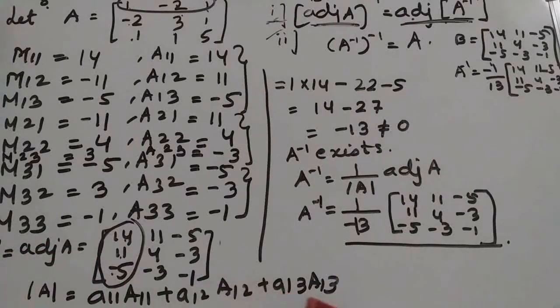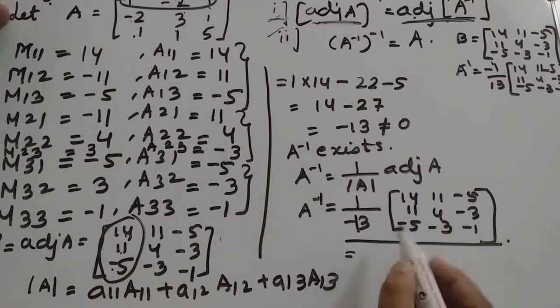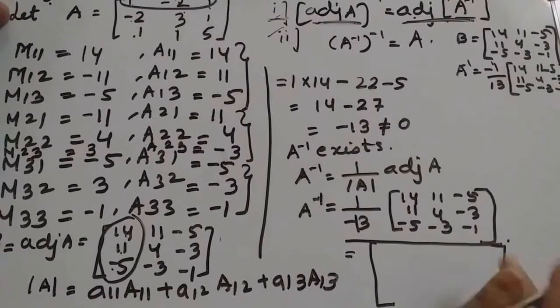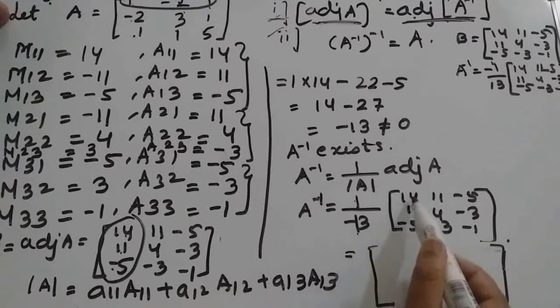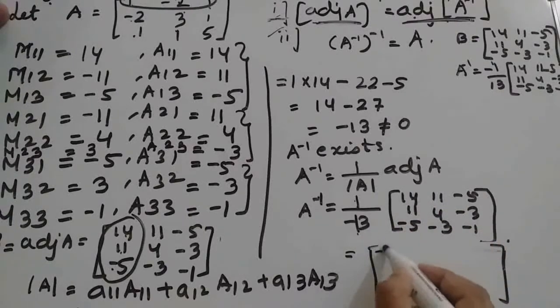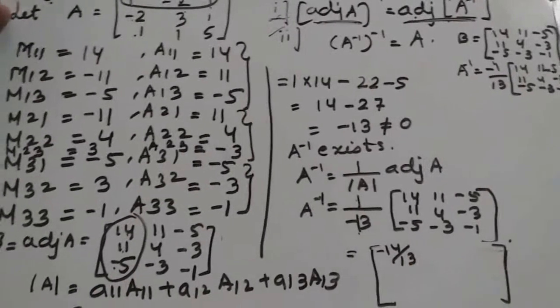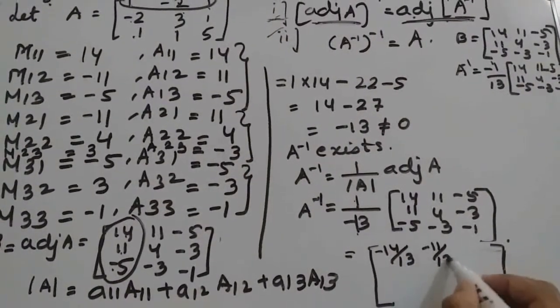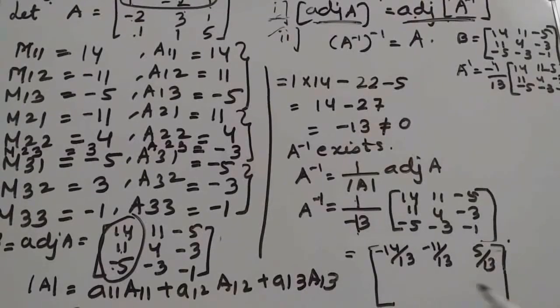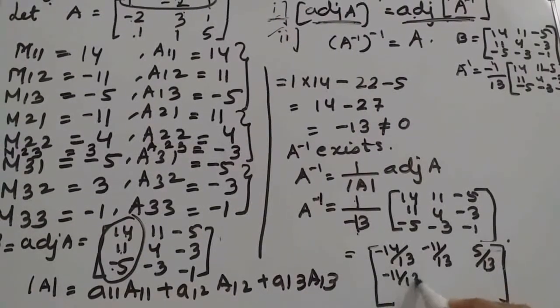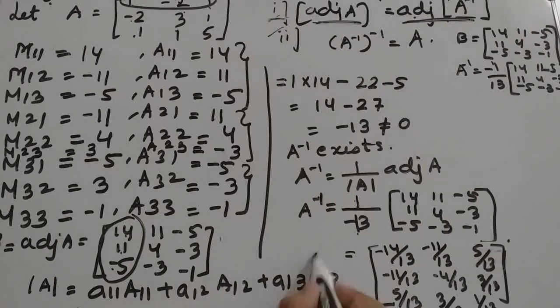Now for finding minor and cofactor of this, first we should write the matrix in this form where this minus 1 by 13 we should multiply with each of the elements. So we'll get minus 14 by 13, minus 11 by 13 and 5 by 13 will come. Similarly, minus 11 by 13, 5 by 13, minus 4 by 13, 3 by 13, and here 3 by 13, 1 by 13. Okay, so this is A inverse.